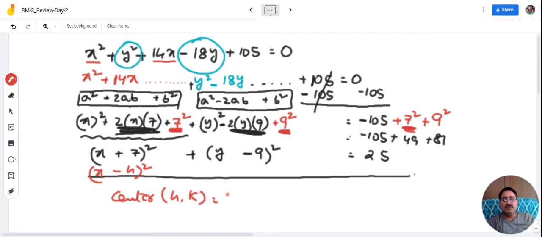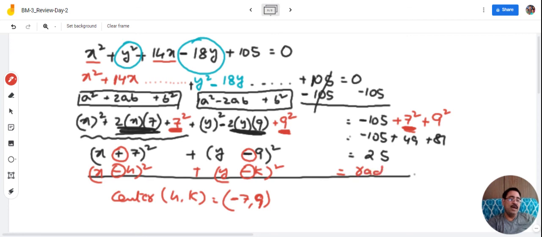So instead of positive 7, please notice that the signs are not the same, so the h value is -7, plus y minus k square. So k equals just 9. It is not -9 because the sign is matching.